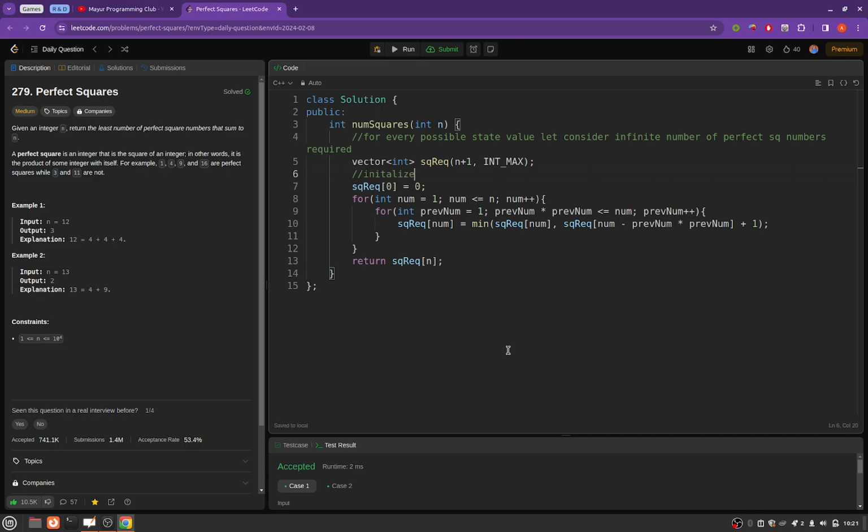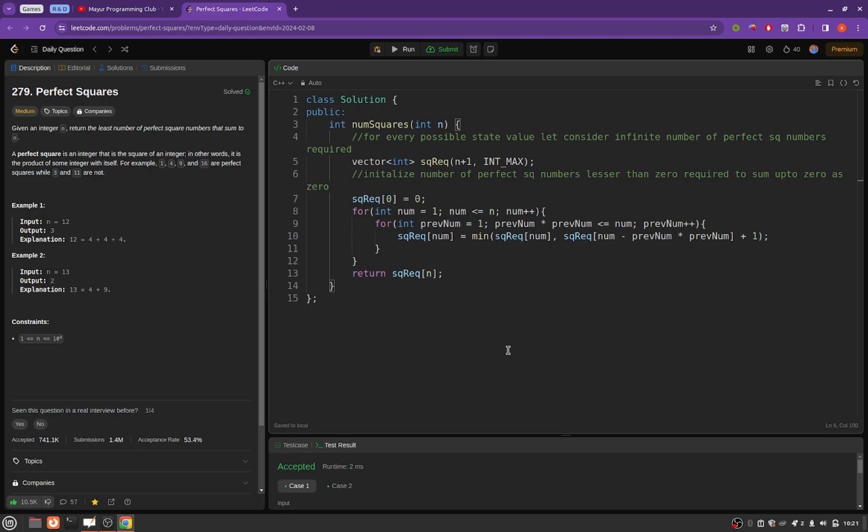Initialize the number of perfect square numbers lesser than 0 required to sum up to 0 as 0.